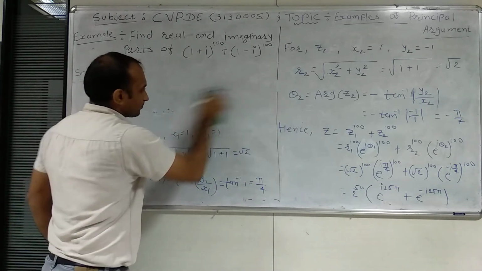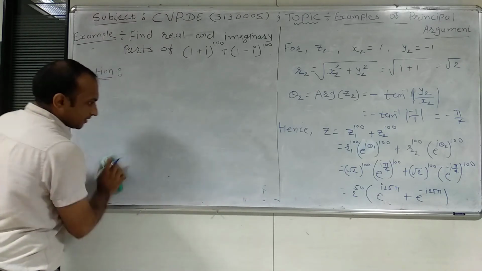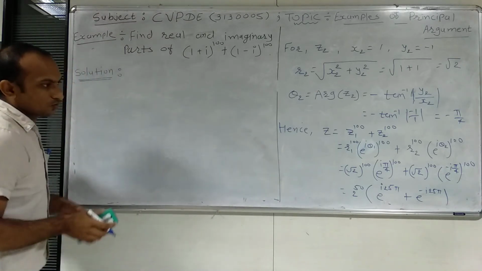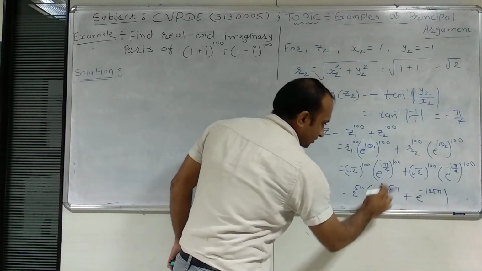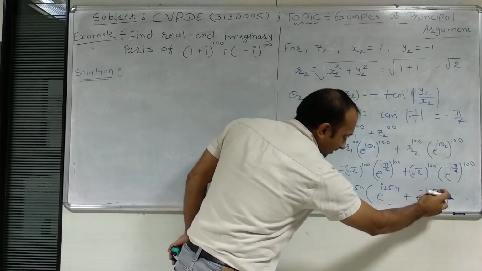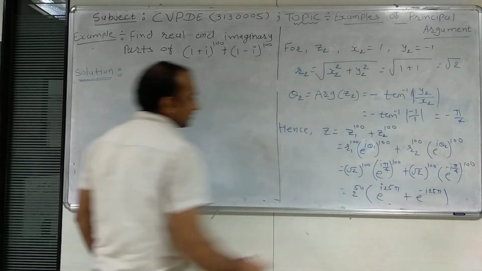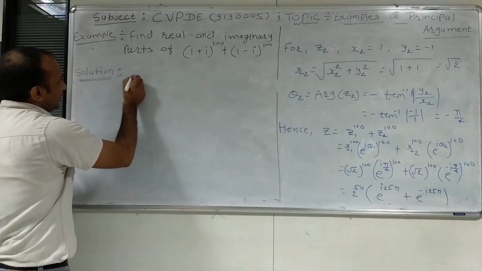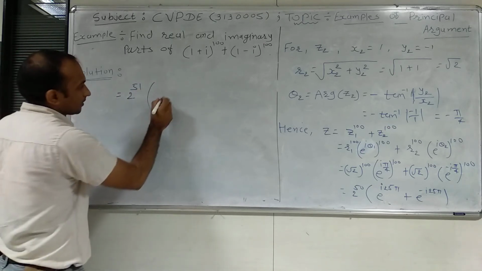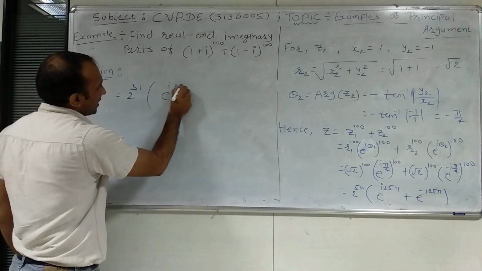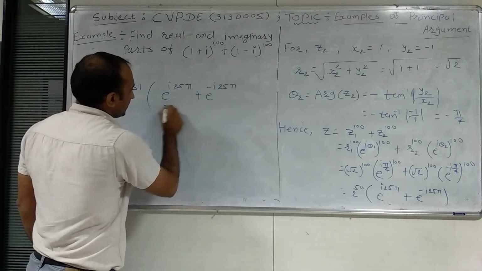Now we know from the previous video, cos theta equal to e raised to i theta plus e raised to minus i theta, divided by 2. So if we divide by 2, then this is nothing but cos theta. So this equal to 2 raised to 51 in bracket e raised to i 25 pi plus e raised to minus i 25 pi divided by 2.